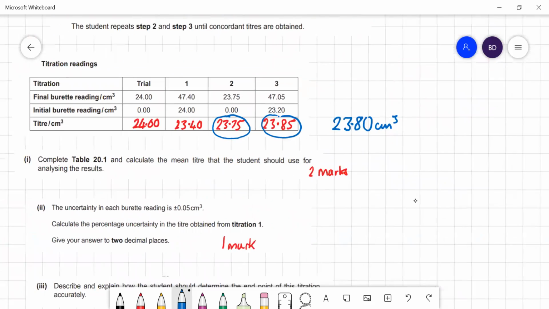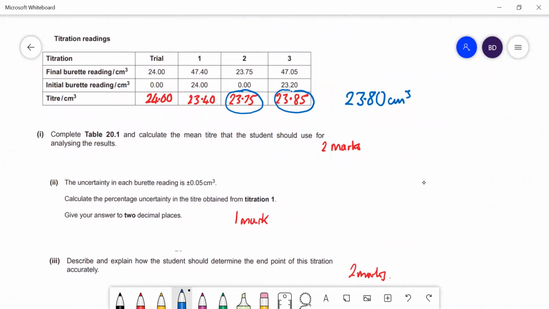Now, a bit about uncertainty and so on. The uncertainty in each burette reading is 0.05. Calculate the percentage uncertainty in the titer. Right, now you take 2 burette readings, so you've got to double that. So the percentage uncertainty is going to be 2 times that, which is 0.1, over the titer, which is 23.8, multiplied by 100.